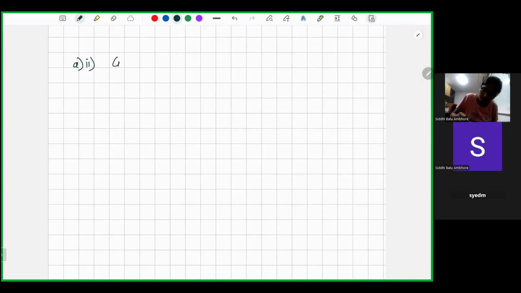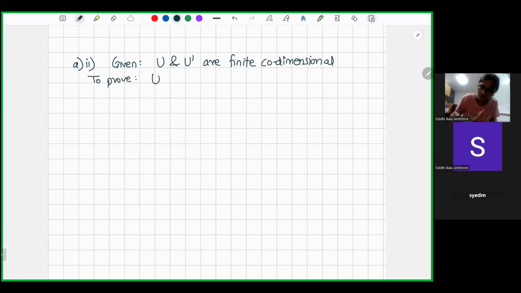So let me write the given statement and what we have to show. Given that U and U dash are finite codimensional, we have to prove that U intersection U dash is finite codimensional. This is what we have to prove.